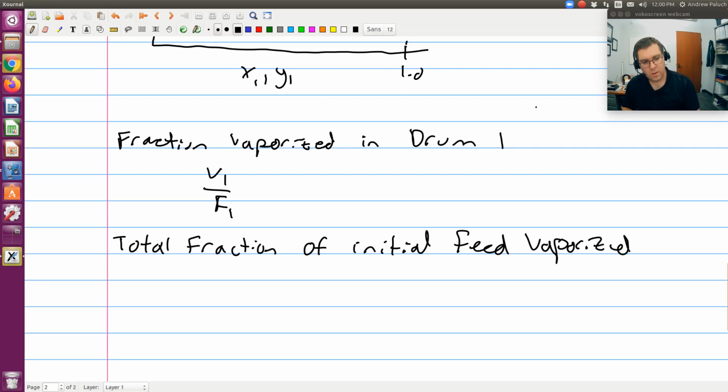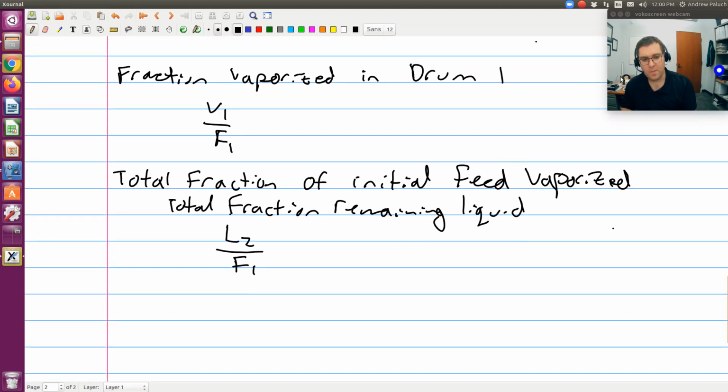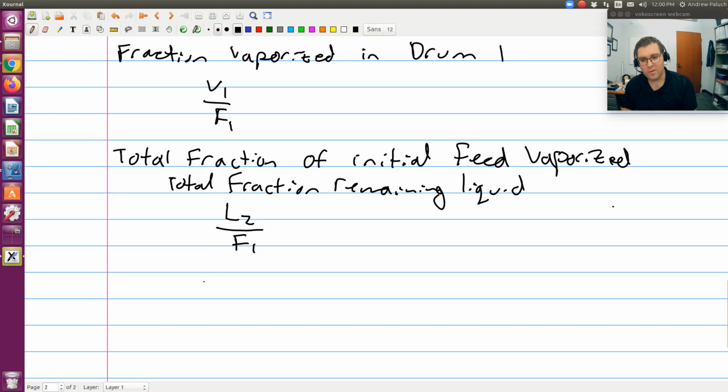Well, one way you could think about it is the total fraction remaining liquid, which would be what's coming out liquid in drum 2 relative to the total amount that was liquid going in. And so if I want the total fraction vaporized, then it would be 1 minus that amount. Right, so the total fraction vaporized would just be 1 minus that.